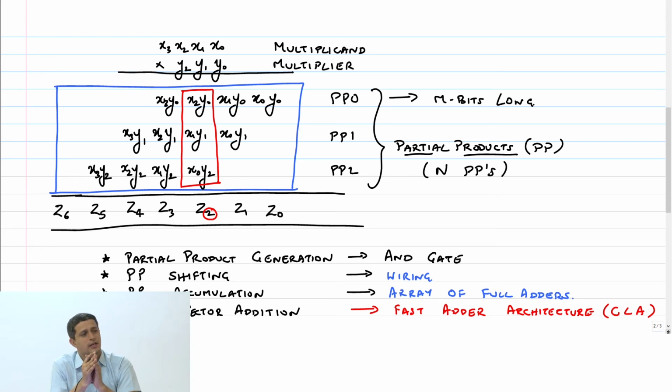That's why I said if you are doing x into y like this, then the number of partial products will be this. If you do it the other way, then you'll have more partial products. This is the convention: x is m bits, y is n bits.